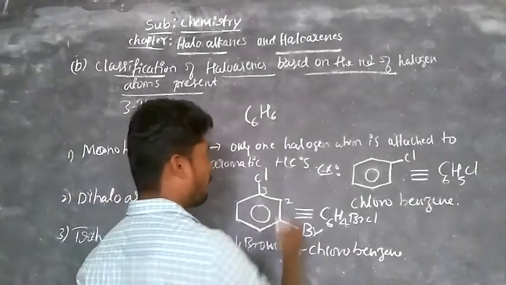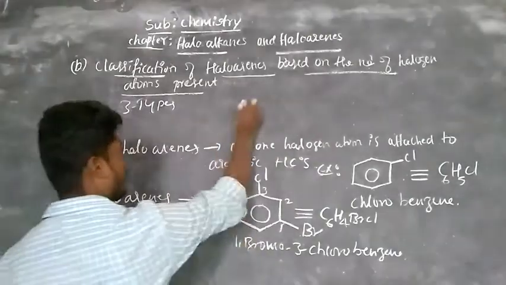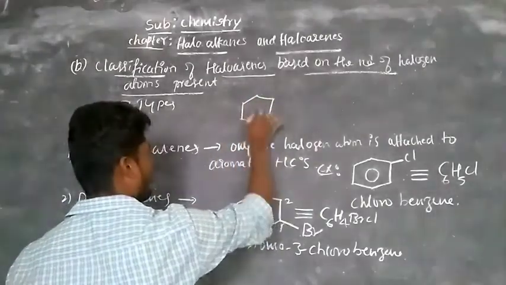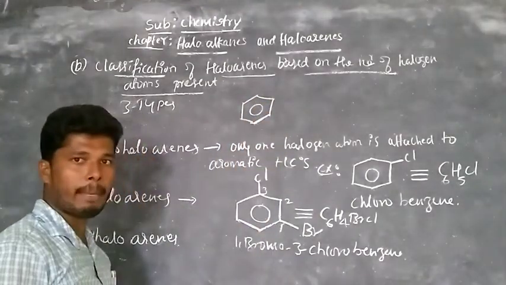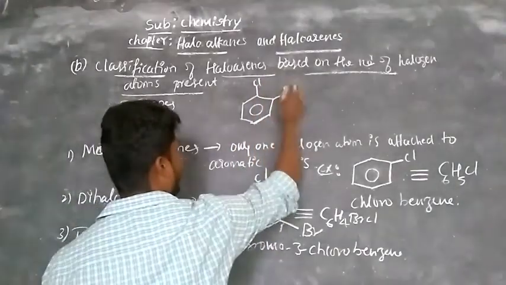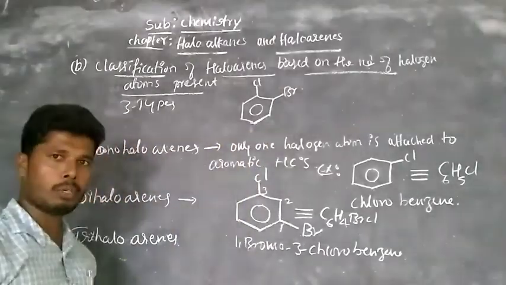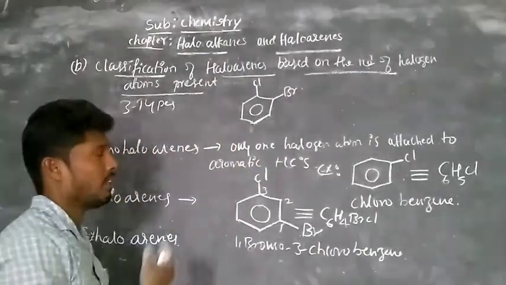Similarly, observe one more example of dihaloarenes. Take the benzene ring. In the benzene ring, two hydrogens are replaced by two halogens. One is chlorine, here bromine. This is also an example, or write it at the para position, which we will learn later.